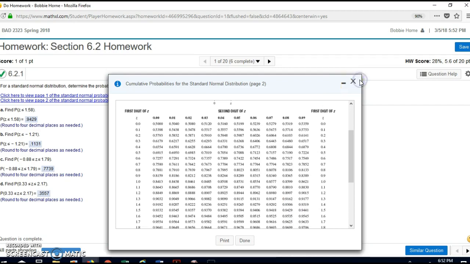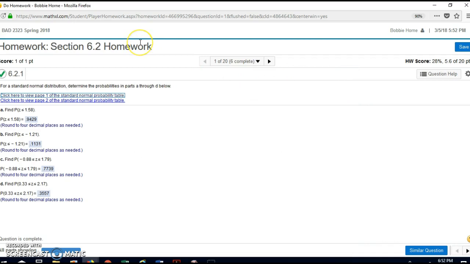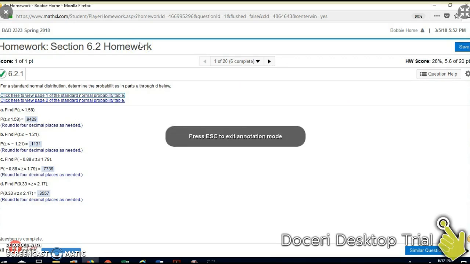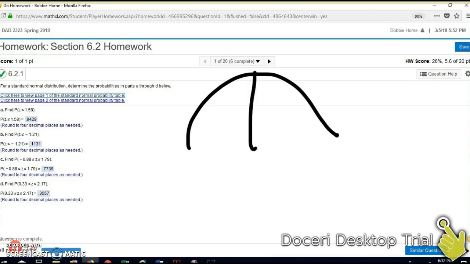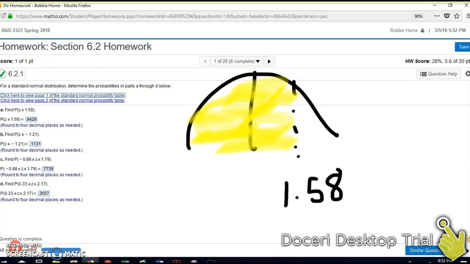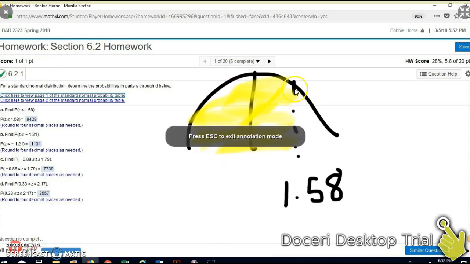So what that means is the probability of z less than or equal to 1.58, that is all the area up to 1.58. So anything less than or equal to 1.58 would be 0.9429. Since we want less than or equal to, when we look it up on the table, the number we get is exactly what we need.